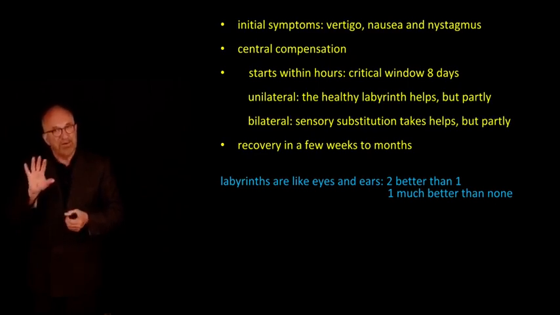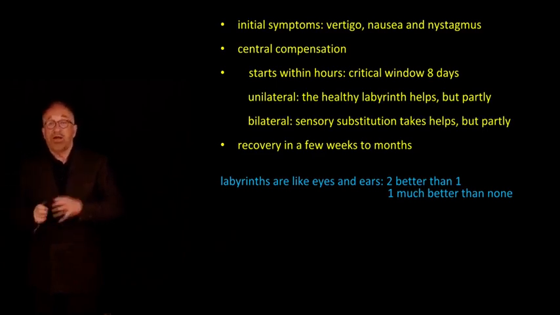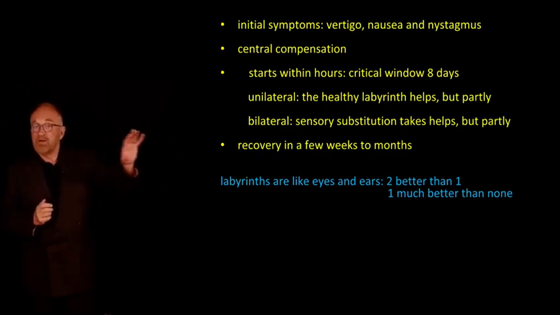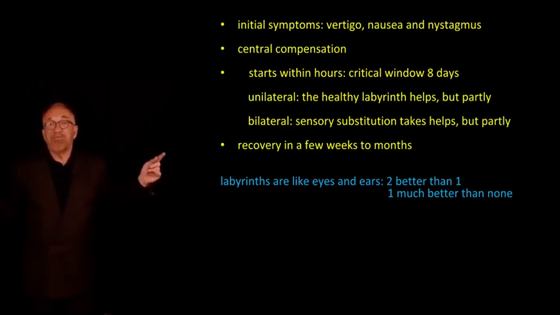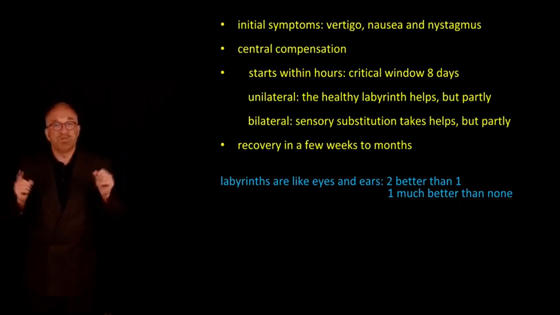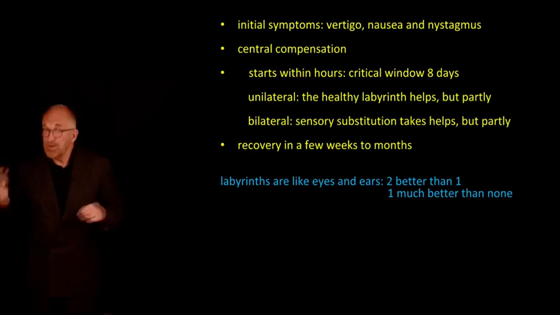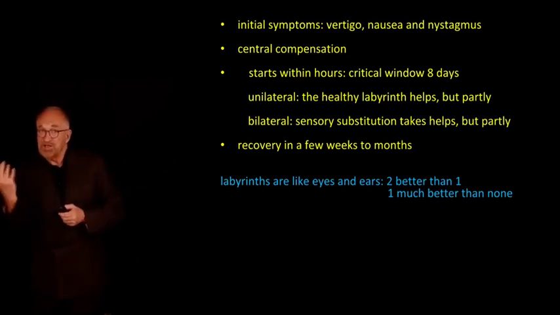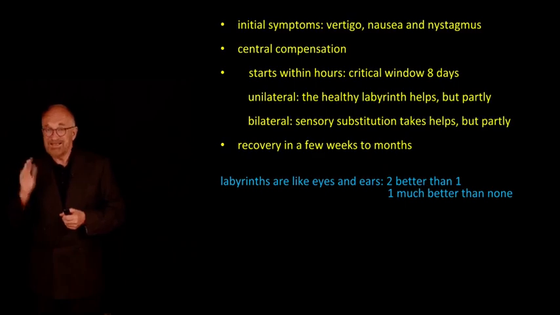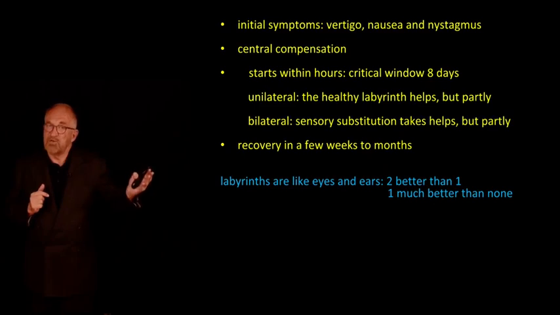Your right labyrinth is more sensitive for movements to the right, and your left labyrinth is more sensitive for movements to the left. So they feel a little bit the opposite movements, but not as well as the real labyrinth on the right and the left labyrinth on the left. So if you lose one labyrinth, you get a direction preponderance. You become less sensitive for movements to the right, and you're still sensitive for movements to the left.